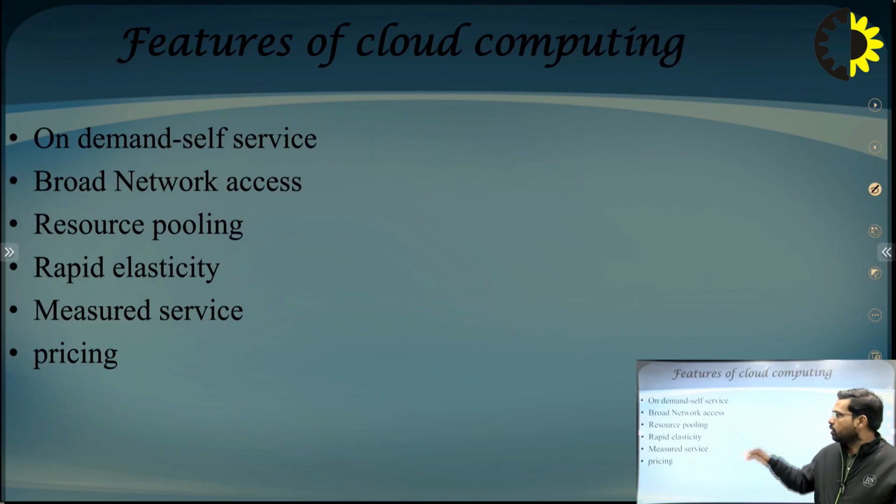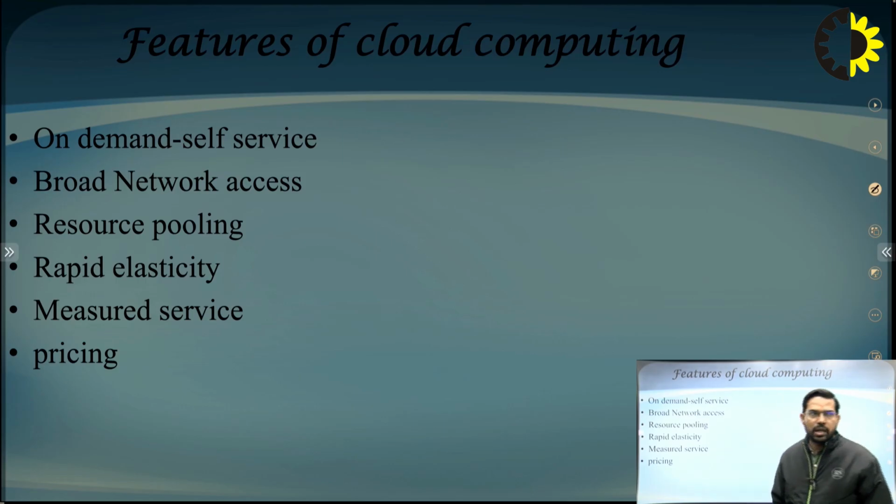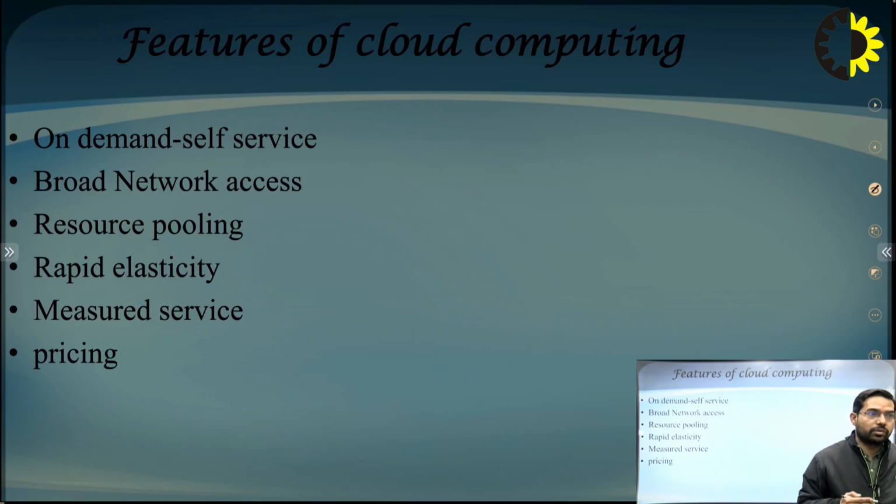These are some characteristics or features of cloud computing. Basically there are 5 main characteristics: on-demand self-service, broad network access, resource pooling, rapid elasticity, and measured service or pricing. On-demand self-service means just like using Netflix, we purchase Netflix and we can easily see the videos. Broad network access, there are a lot of network accesses, we can access from anywhere in the world.